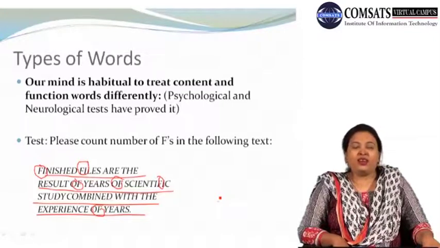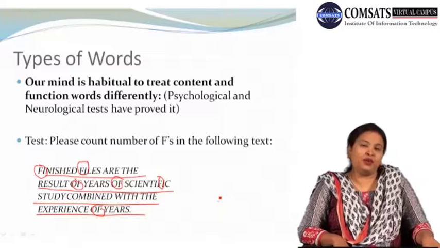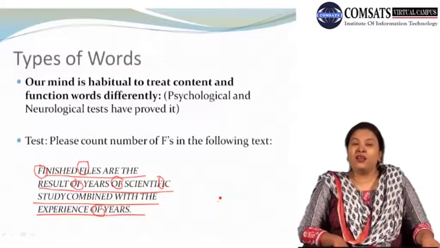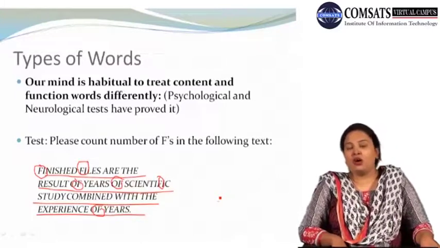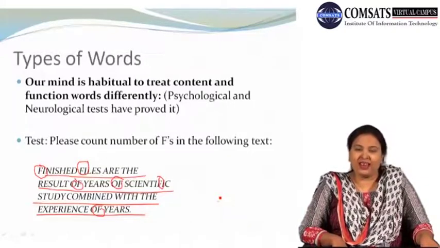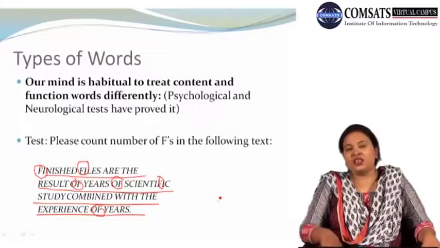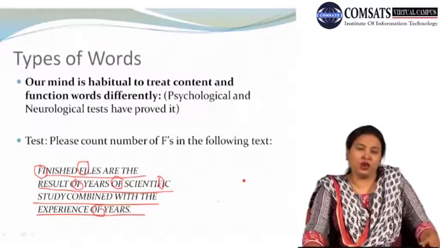So this way we calculate 3 F's, which are actually found in content words. So the psychologists and the neurolinguistics have proved that human beings treat content words and function words differently, and this procedure is quite unconscious.